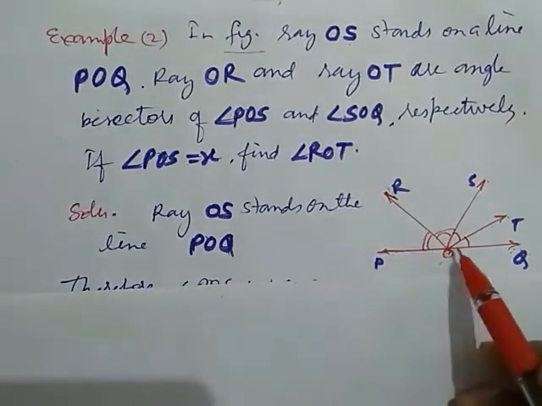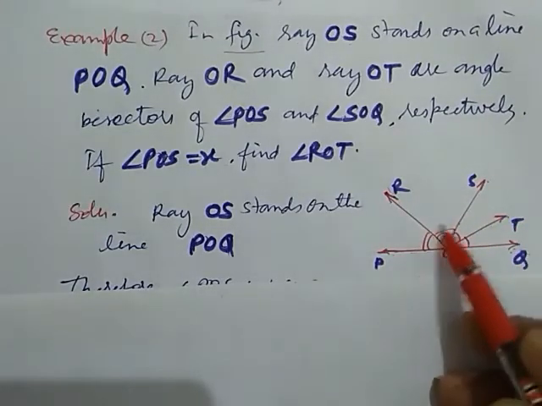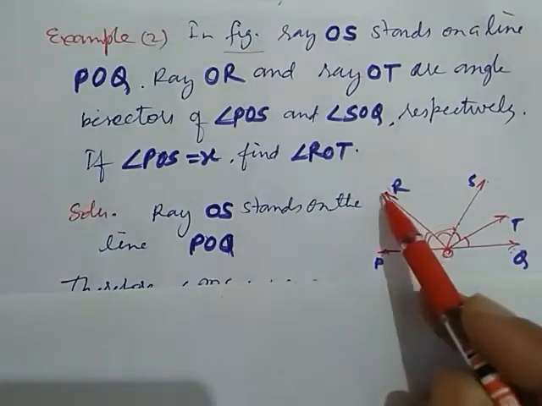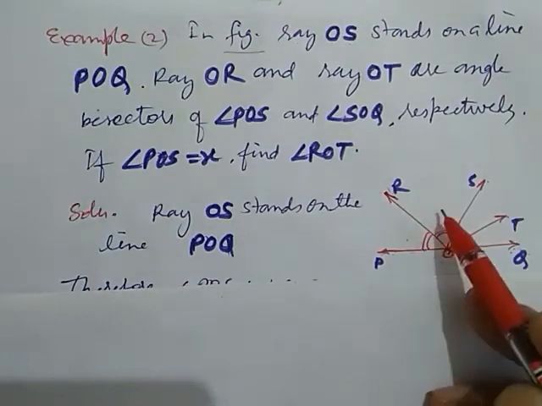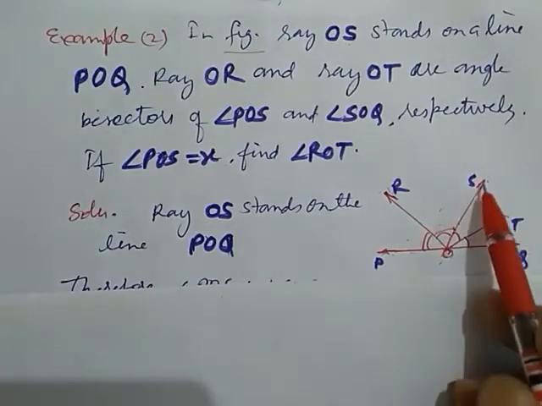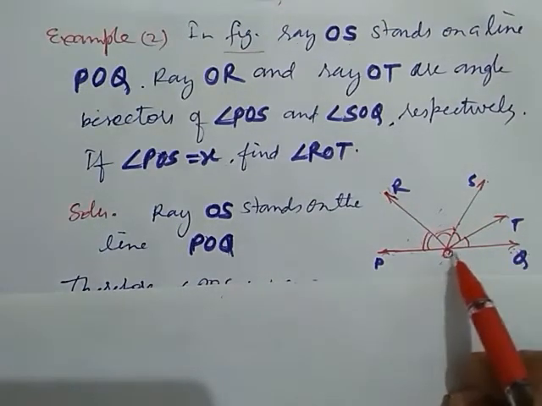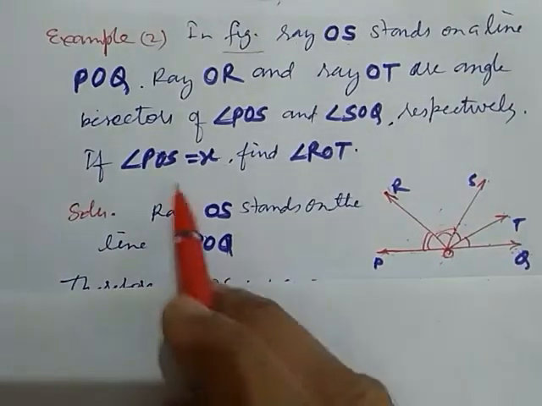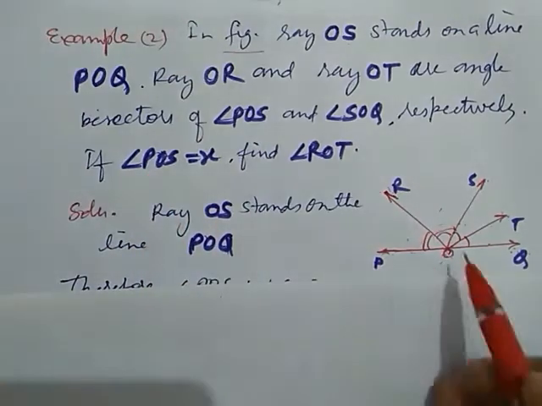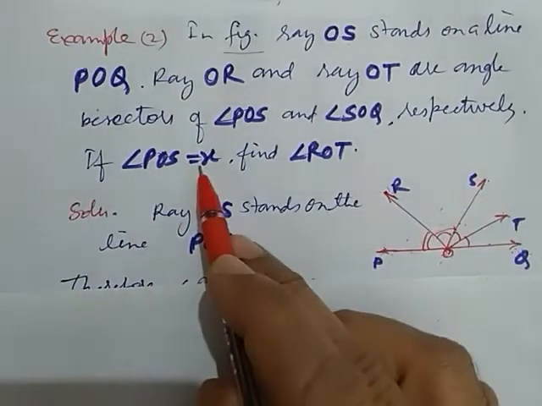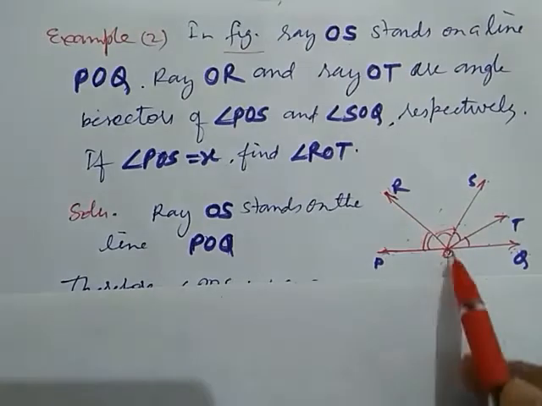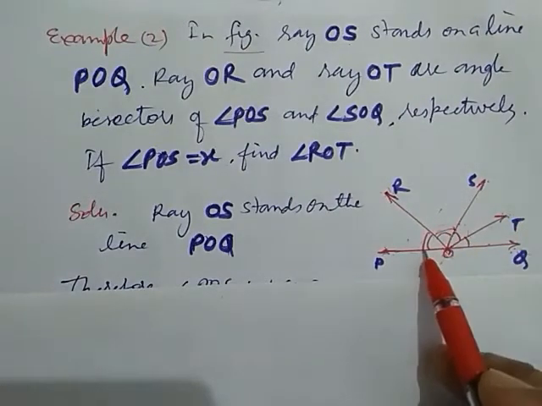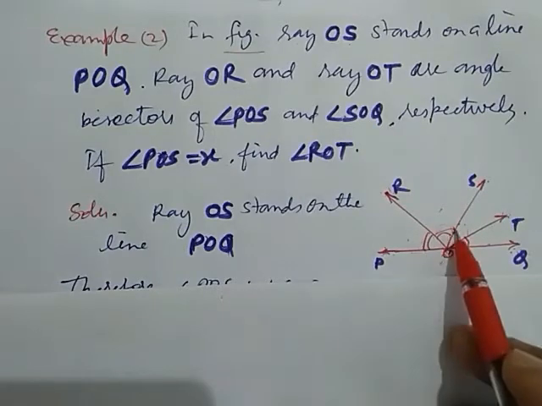OR is the bisector of POS, so this angle equals this angle. Here SOQ is the angle formed and OT is its bisector, so this angle equals this angle. We are given angle POS is x. Find ROT.